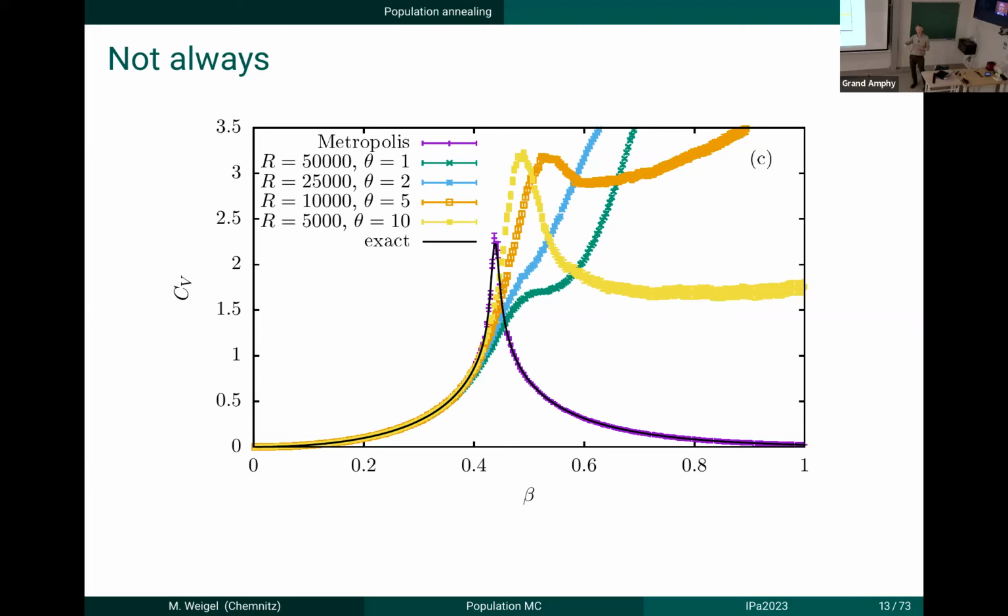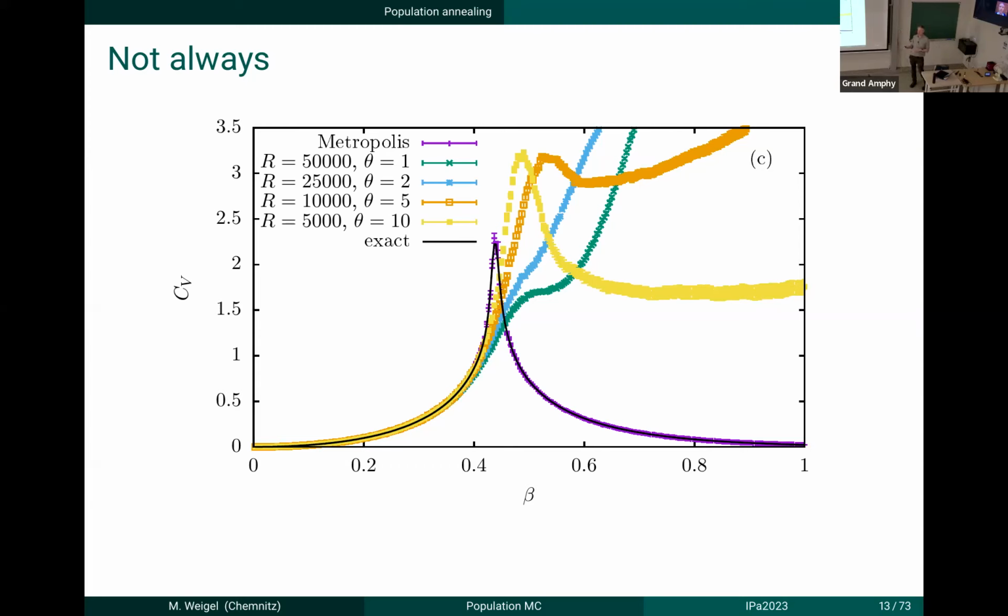Formally, if you wait for long enough after making a temperature step, that's also fine. You make a temperature step, you re-equilibrate the system, and then you take a measurement. That's an acceptable Monte Carlo approach. Of course, the point being you have to do enough updates to re-equilibrate, and these parameters, which are the same as in the previous slide, are not enough to do that without the resampling.